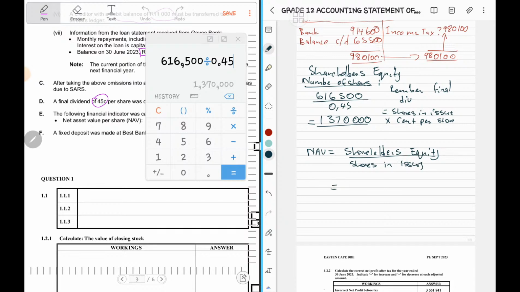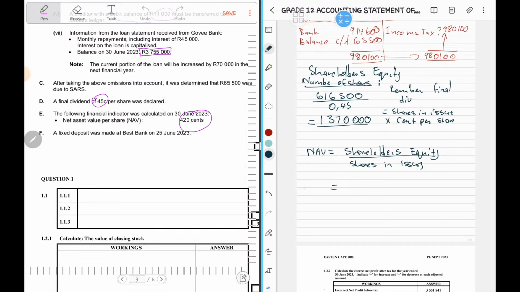How much is the NAV? The NAV is 420 cents, meaning that it's 420. Then shareholders equity, we don't have it, but we have the number of shares, which is 1,370,000.